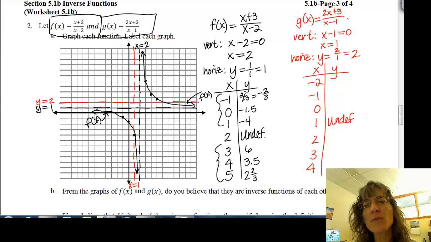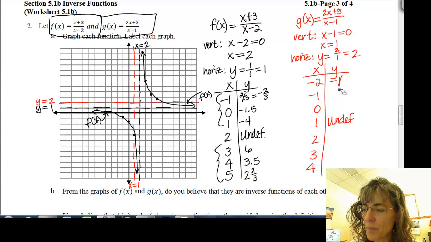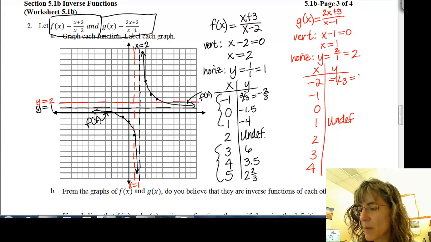Okay, I'm plugging them into the g of x function here. So I have negative 2 times 2, that'll give me negative 4 plus 3, so a negative 1 over negative 2 minus 1, so negative 3. So that gives me positive 1/3.